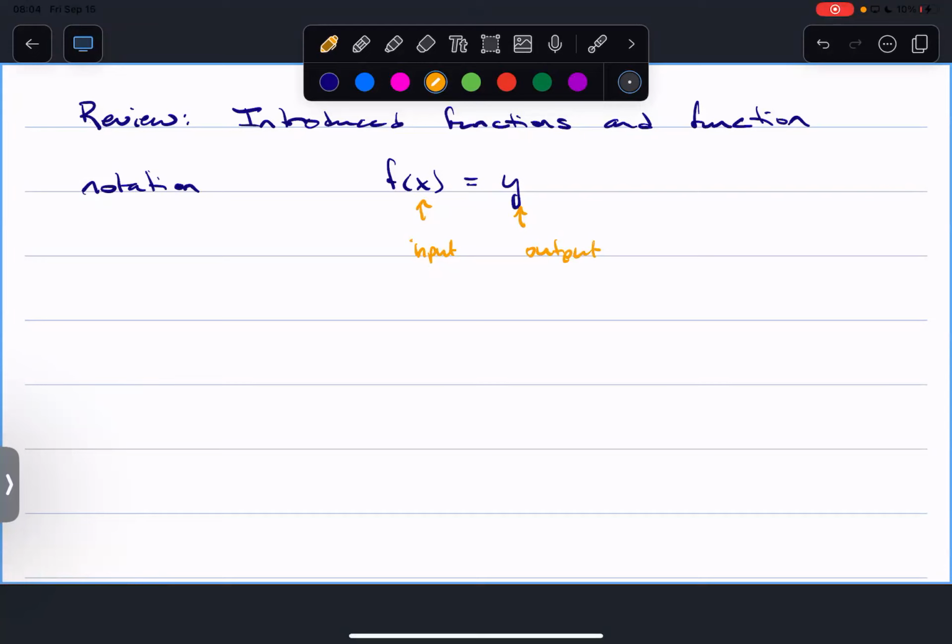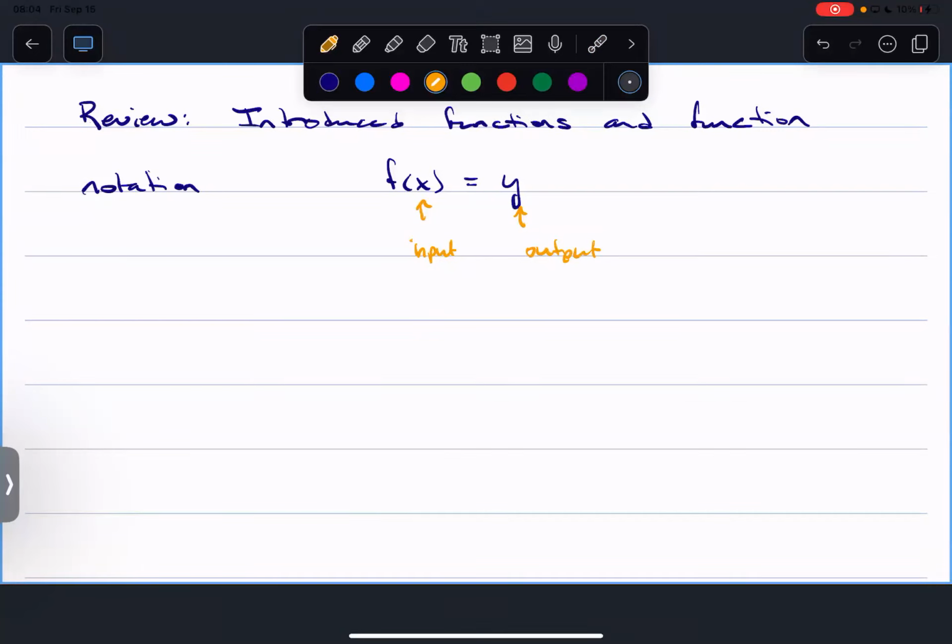What was the most important thing that we said about a function? A function's only a function if an input gives a unique value of y, right? And we said multiple inputs could give the same value of y. That's fine. But the key is that each input can only yield one unique output.